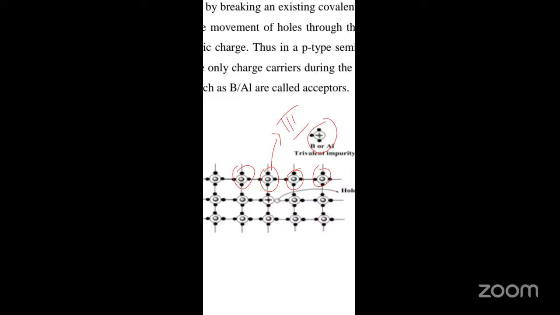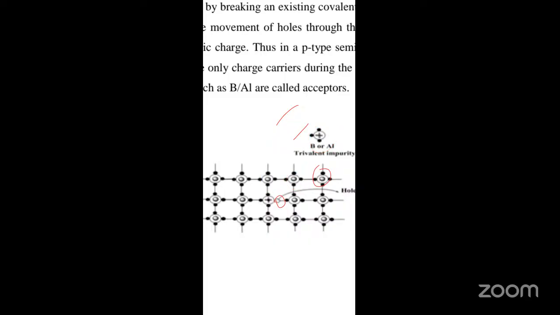Therefore, one hole is found. This is that hole, meaning a vacant position. If we replace one silicon with a third group element, we get one hole. Like that, if many atoms are replaced with third group elements, we get many holes.